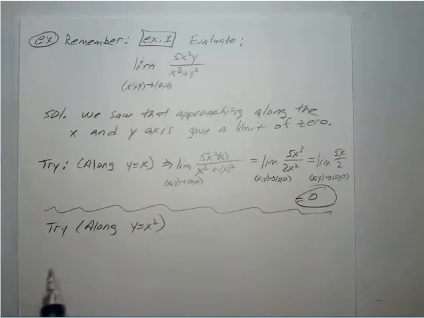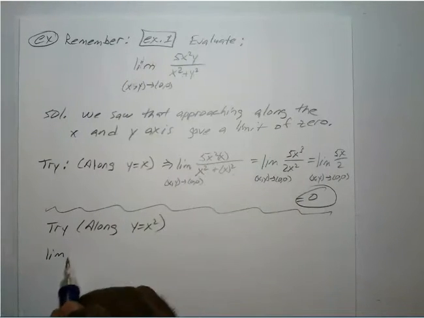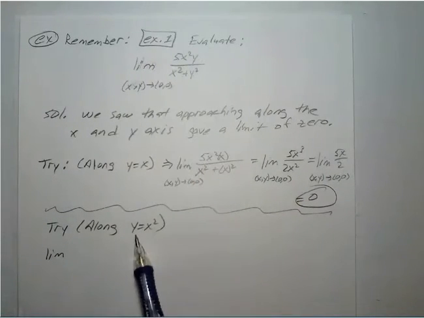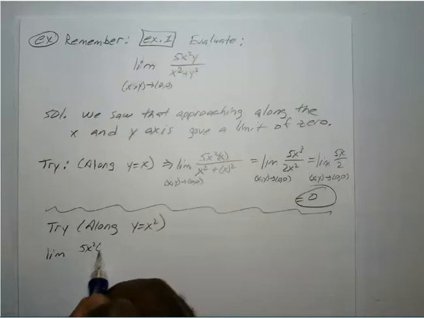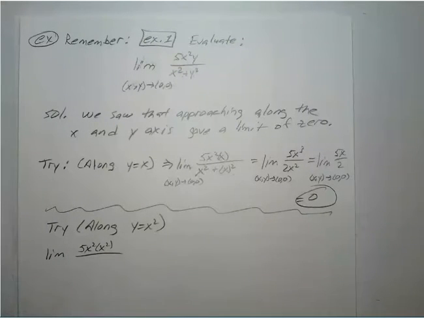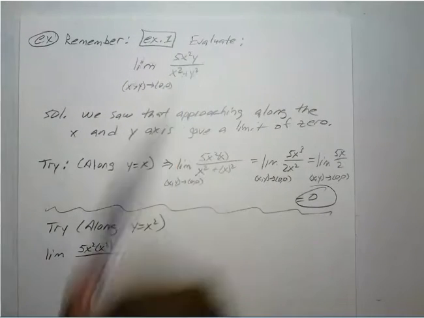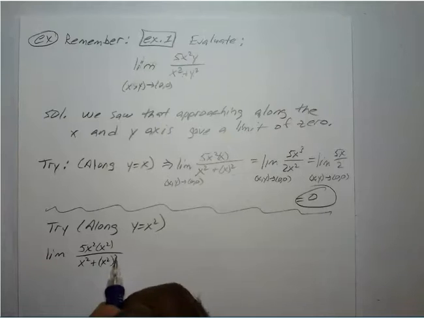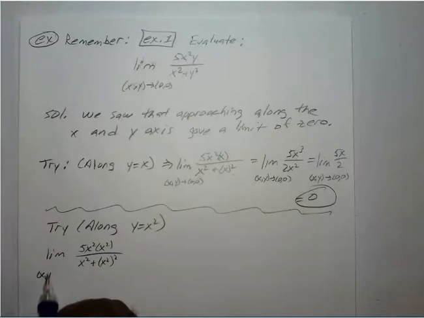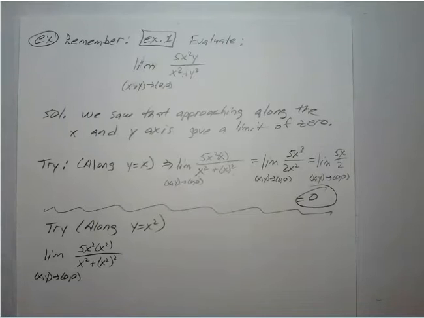If we do that, we have the limit, and again we replace y with x squared, of 5x squared times x squared over x squared plus x squared squared, as (x,y) approaches (0,0).